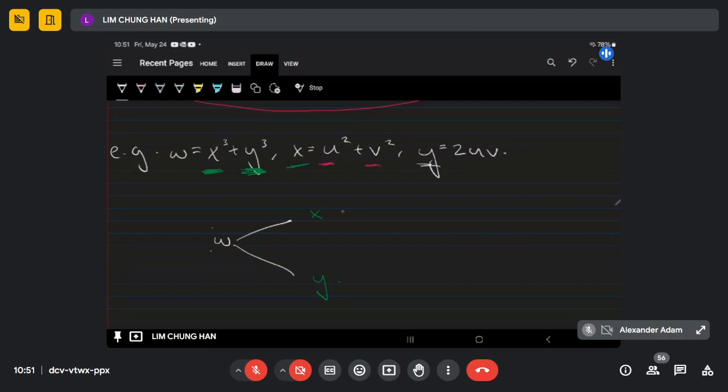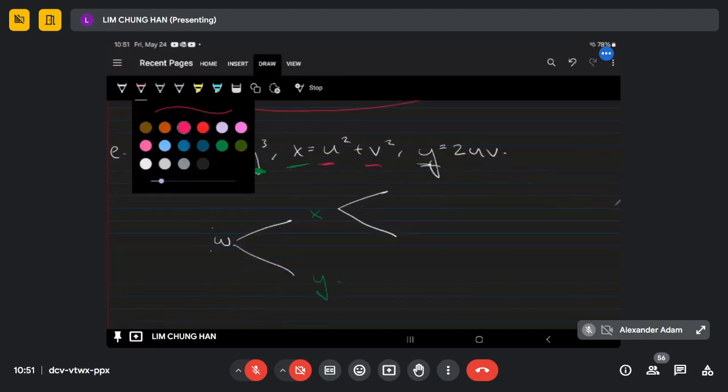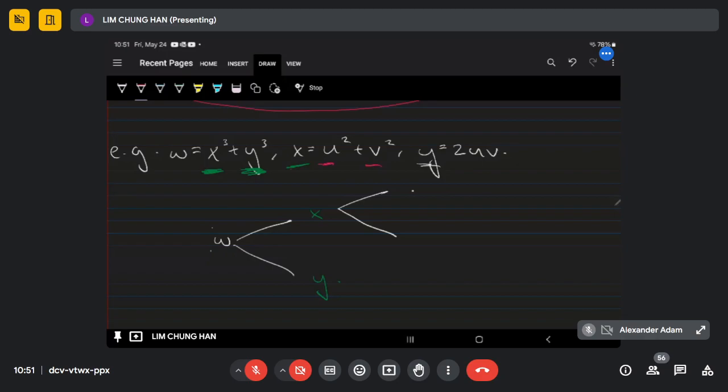Hence, x you need to relate to u and v. Similarly, y is also related to u and v. Hence, your y in your tree also has to be related to u and v.